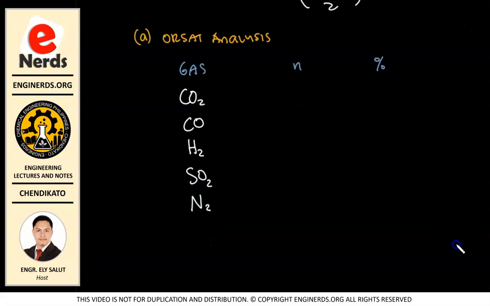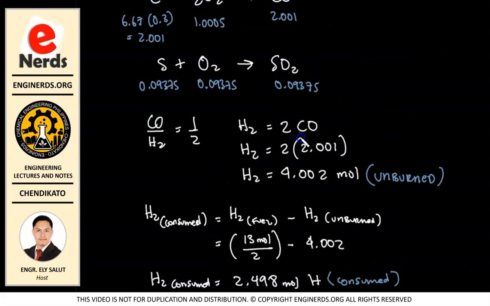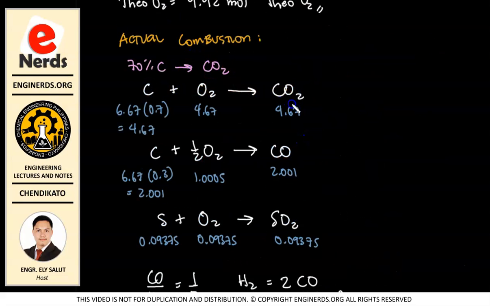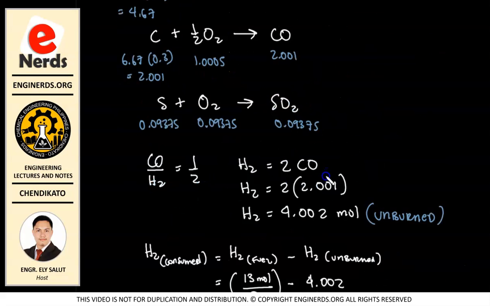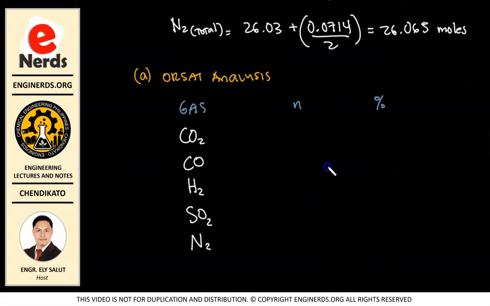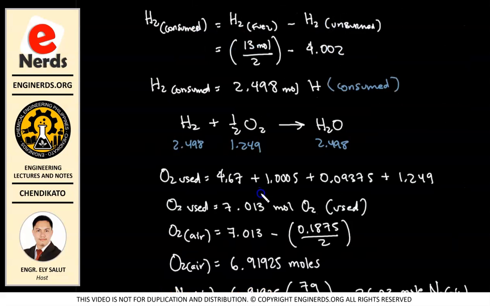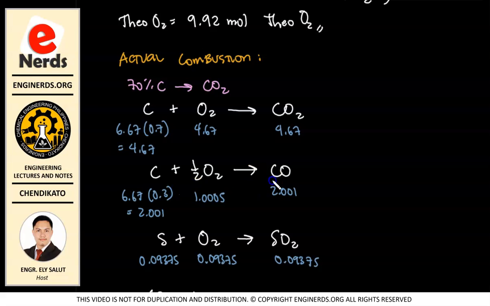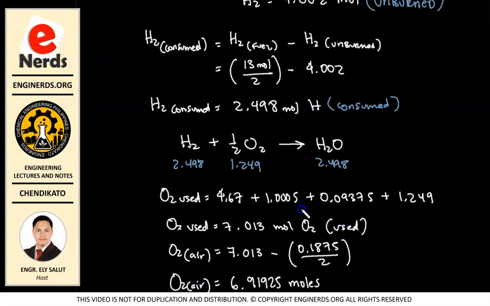We're already done with our calculation, so we just have to copy our number of moles. For CO2, we have 4.67. For carbon monoxide, we have 2.001.